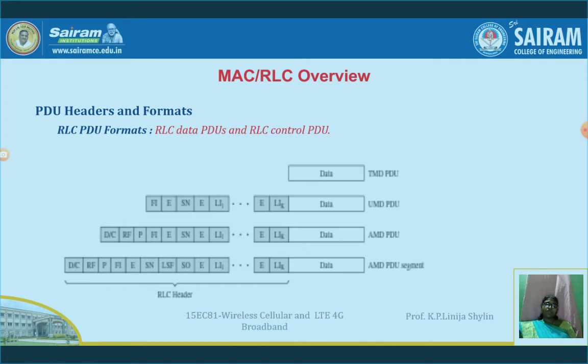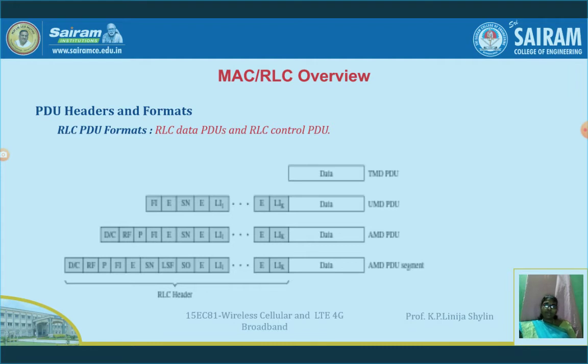The functions performed in the user equipment are different from the functions performed in the eNodeB. So these we have seen in the functions and services of the MAC layer. Now we'll see the PDU headers and formats.